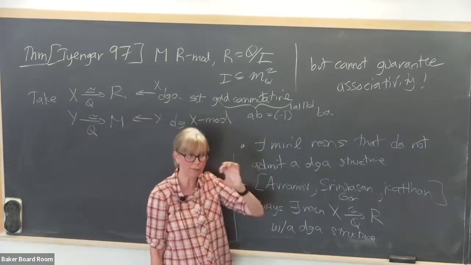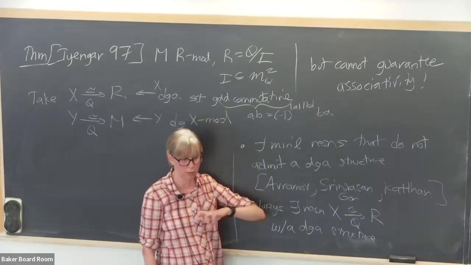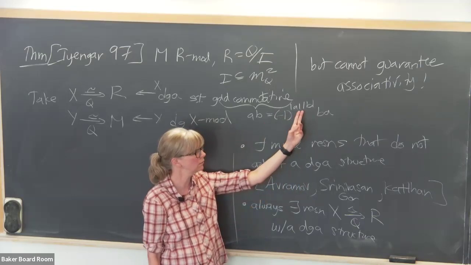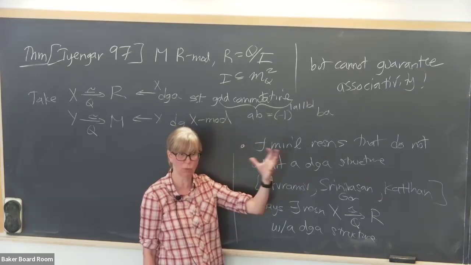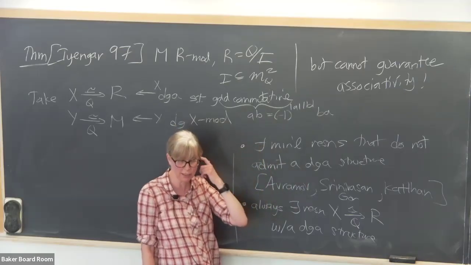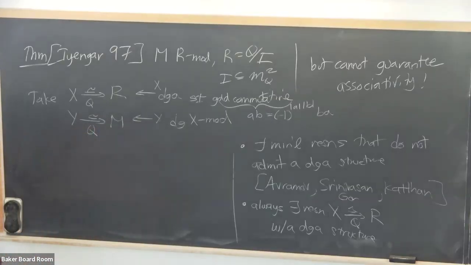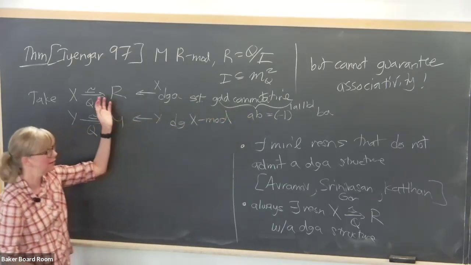So you want all the even degree elements to commute with everything else, and you want all the odd degree elements to anti-commute. Two odd elements anti-commute, which is like they're acting more like elements of an exterior algebra would.